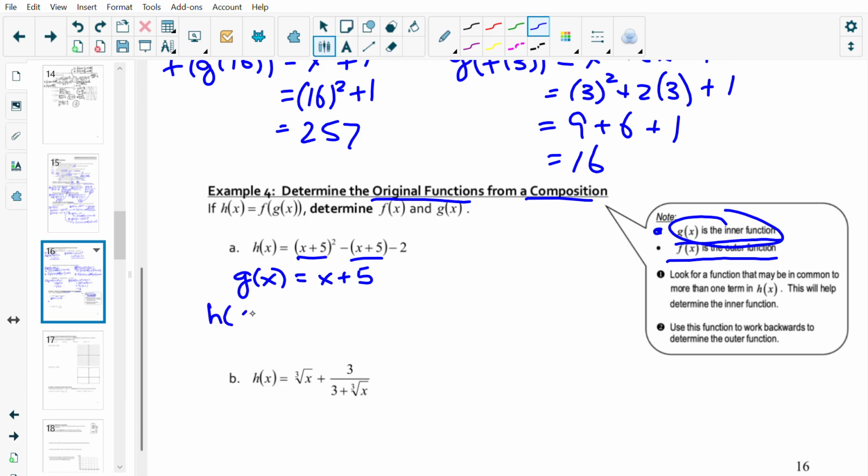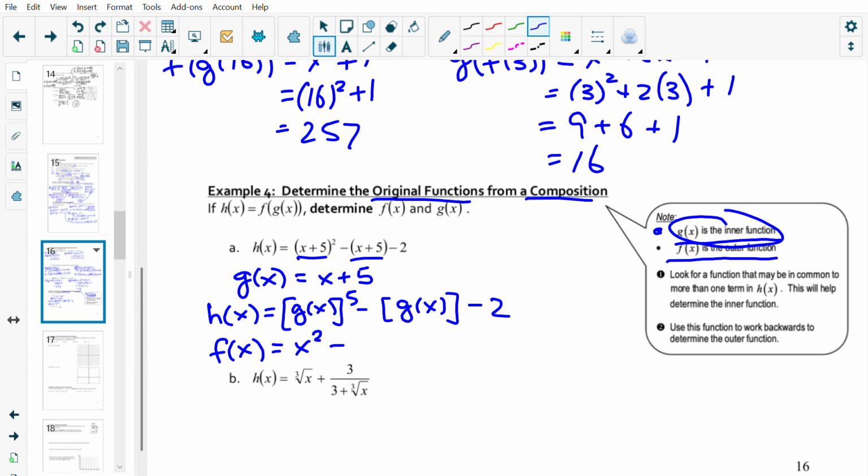If we think about it this way, h of x equals g of x to the 5th minus g of x minus 2. So this is what we're thinking about with substitution. So f of x, the original function that we took g of x and substituted into, must be in the form x squared minus x minus 2.